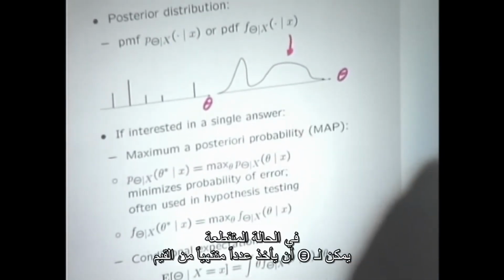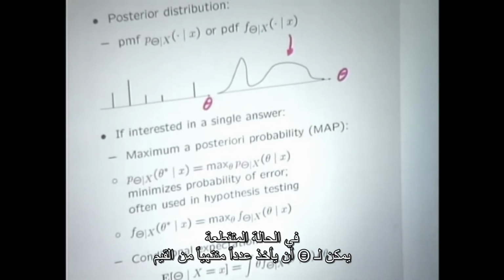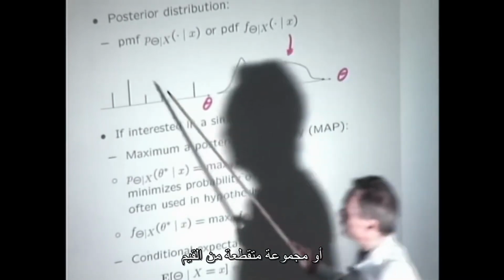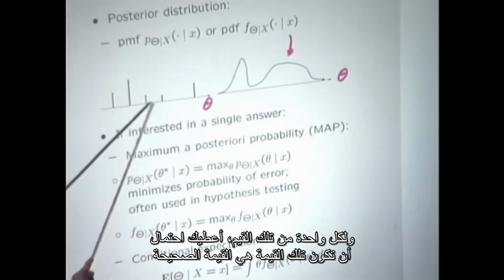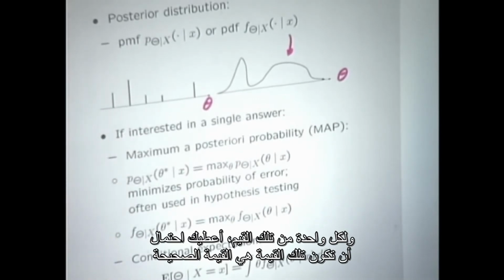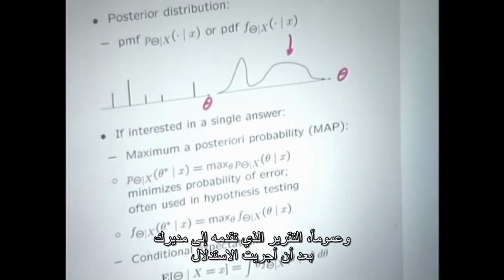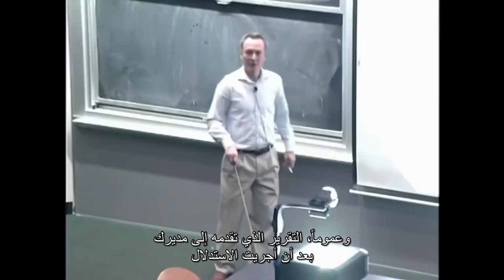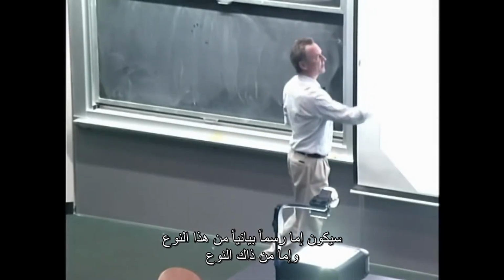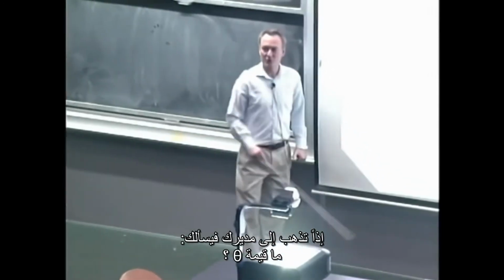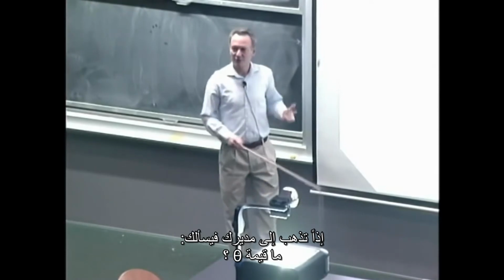In the discrete case, theta can take finitely many values, or a discrete set of values. And for each one of those values, I'm telling you how likely is that value to be the correct one, given the data that I have observed. And in general, what you would go back to your boss and report after you've done all your inference work would be either a plot of this kind or of that kind. So you go to your boss who asks you, what is the value of theta?